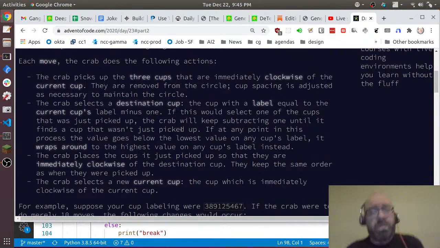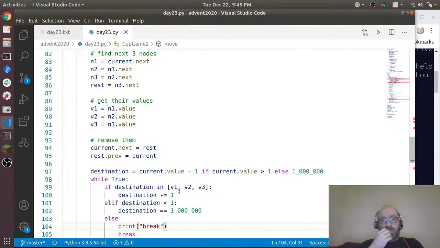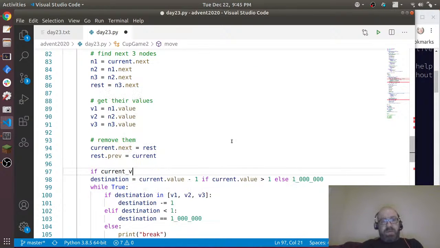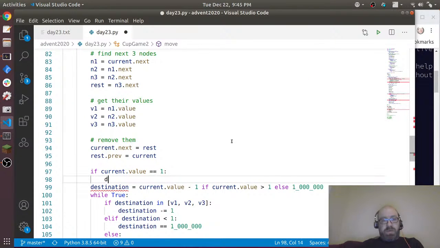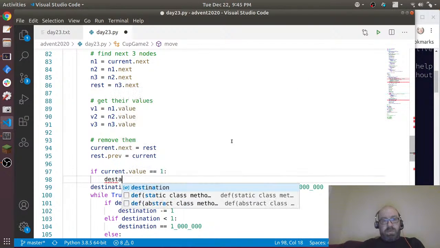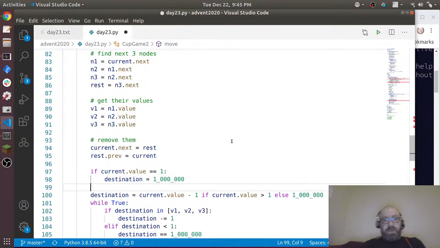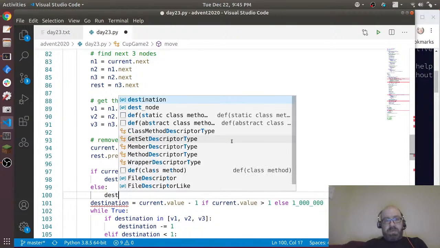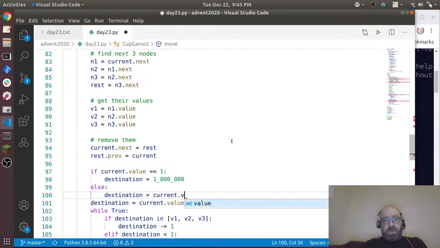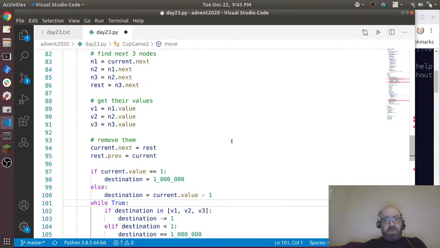Equal to the current cup's label minus 1. Current value minus 1. If current value is 1, destination equals 1 million, else destination equals current.value minus 1. Okay.